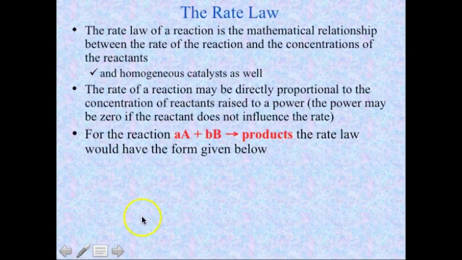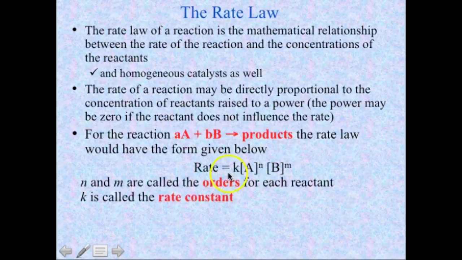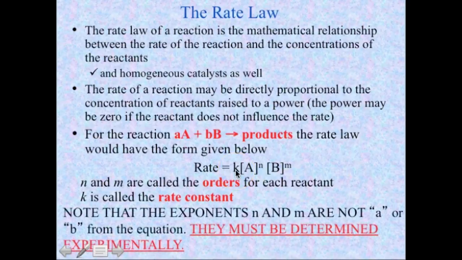So for the reaction aA plus bB yields products, where the coefficients are in lowercase and the identity of the compound in uppercase, the rate law would have this form. Rate equals k, the rate constant, times the concentration of A to the n power, times the concentration of B to the m power. n and m are called the orders for each reactant, and k is called the rate constant.